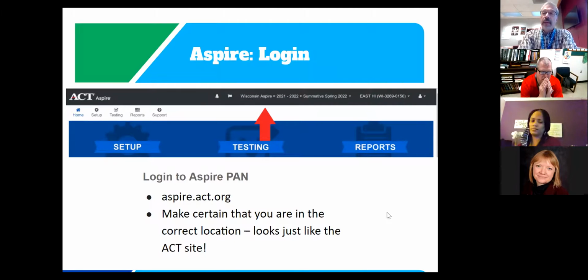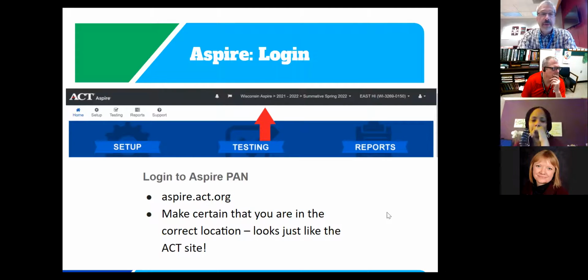Right now, as of February 11th, students have been rostered to the Aspire login. So just as we had this process where we could double check to see what students were in the ACT report, the same thing is true for Aspire.